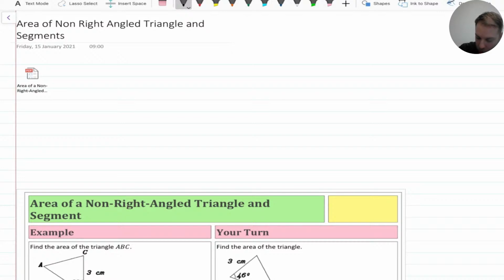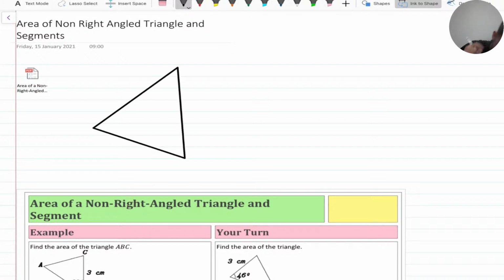So let's just draw a triangle first of all. So here's a triangle.